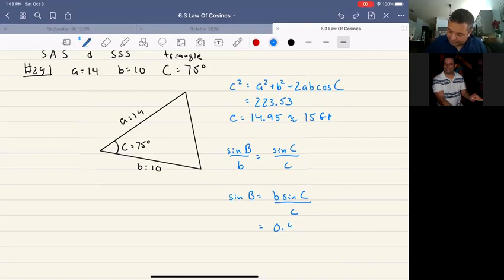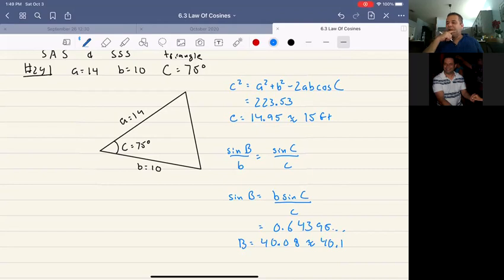I'm going to keep that number and find the inverse sine of it. And I get B is 40.08, or approximately 40.1.